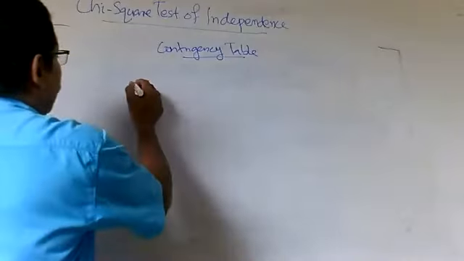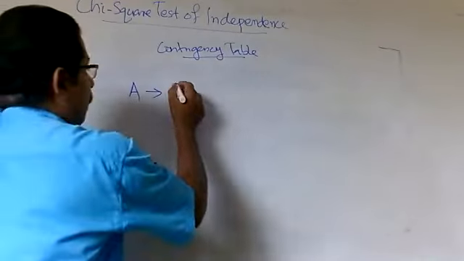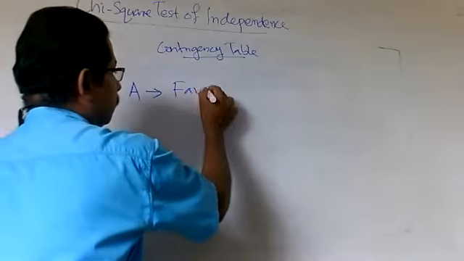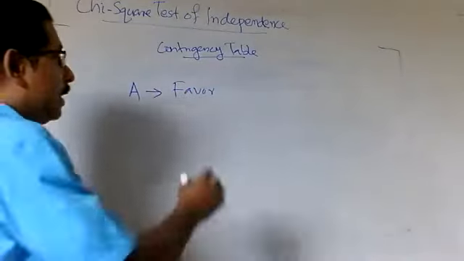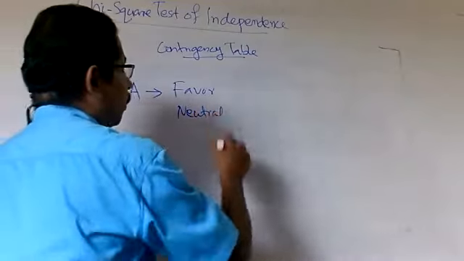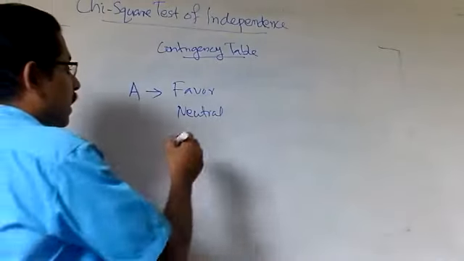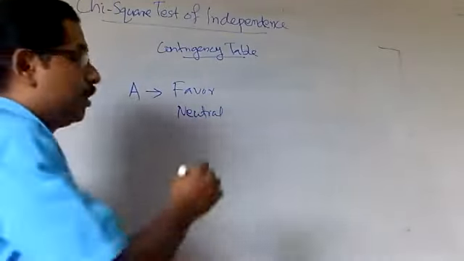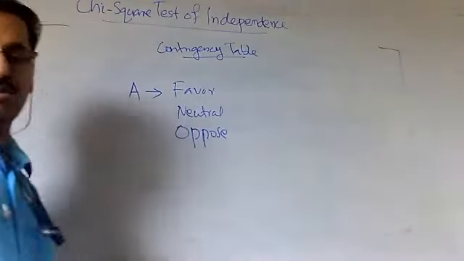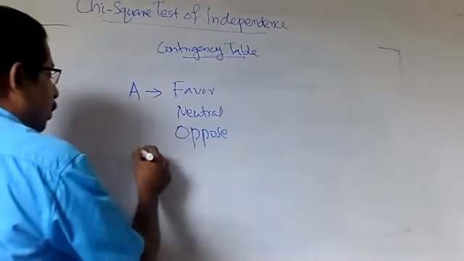Suppose the three opinions are: favor, neutral, and opposing this question. And we need one more attribute.